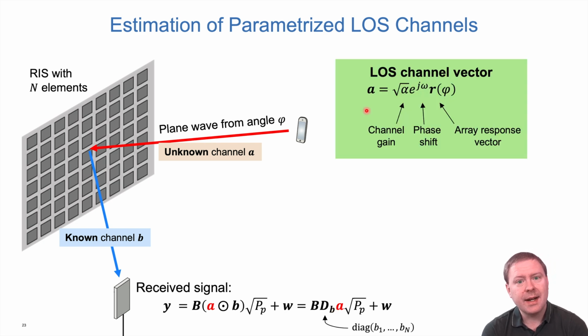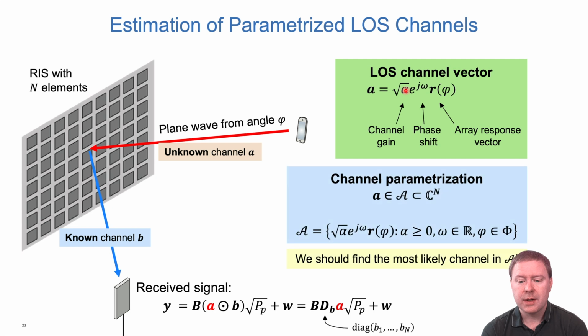We know that A is a line of sight channel, so it will be given by an array response vector responding to what angle the signal is coming into the RIS from. There will be some phase shift and there will be some channel gain as well, depending on how far away the user is. But this means that the channels that we would like to estimate must have this structure. So we're only interested in finding this alpha, the phase shift, and the angle, and find the most likely channel of this form.